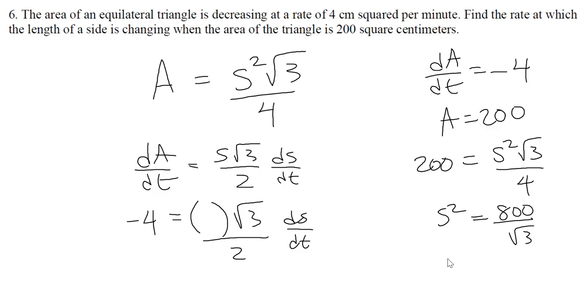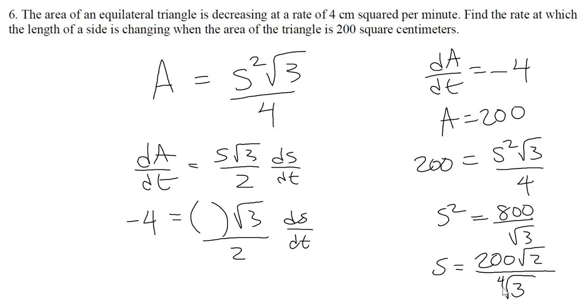Or s, the side length, is equal to the square root of 800 over root 3. Well, that'd be 3 to the 1/2 to the 1/2, or 3 to the 1/4 power, so the 4th root of 3.